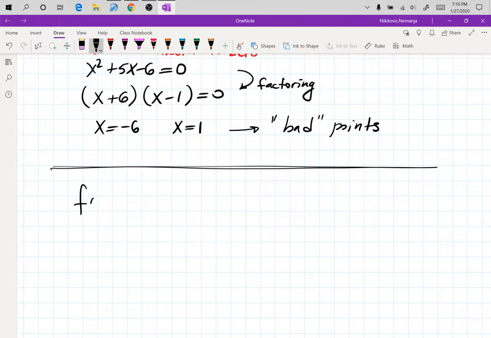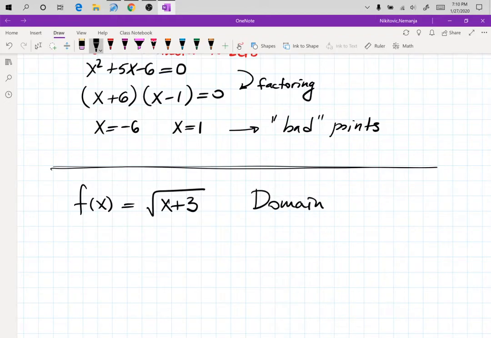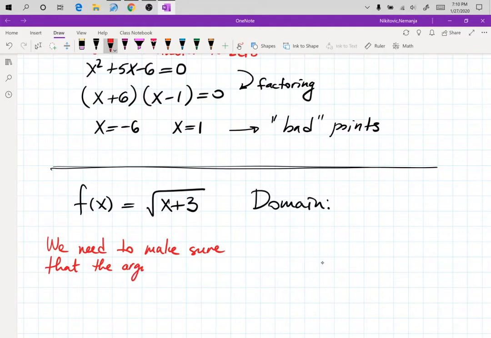So, if I have f of x equals the square root of x plus 3, and I'm asked for the domain, we need to make sure that the argument is positive.